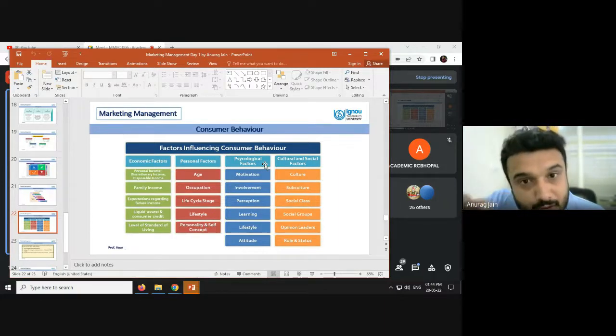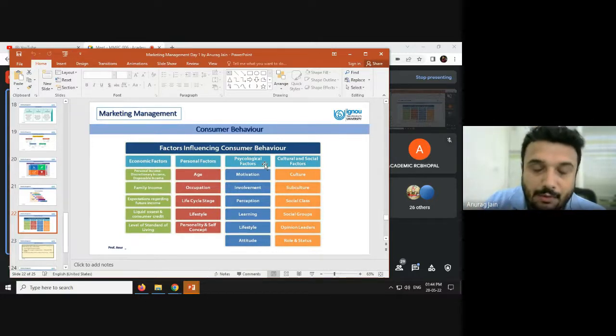All these factors also influence consumer behavior, and what they are going to buy, how they are going to buy, how much they are going to buy. All these things are definitely going to vary.